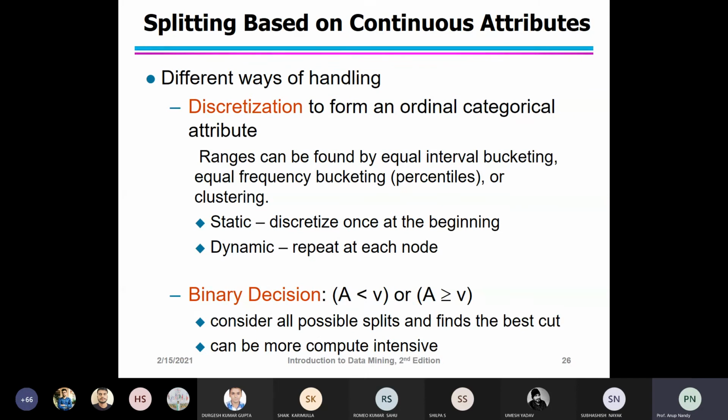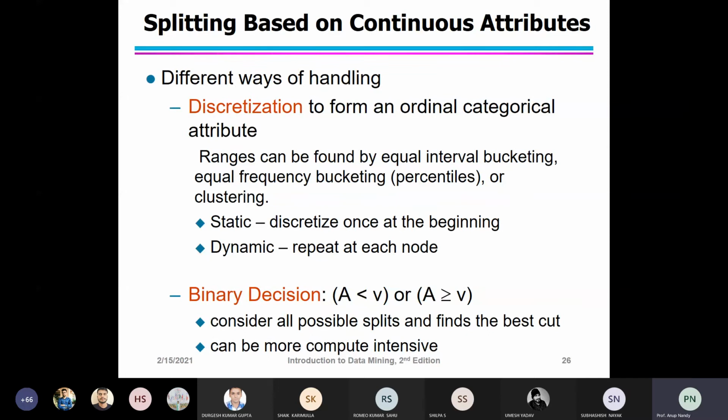One approach is to apply a discretization strategy, splitting based on the continuous attributes. Discretization forms an ordinal categorical attribute.